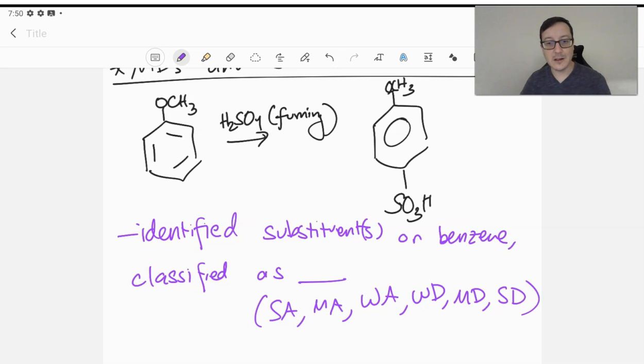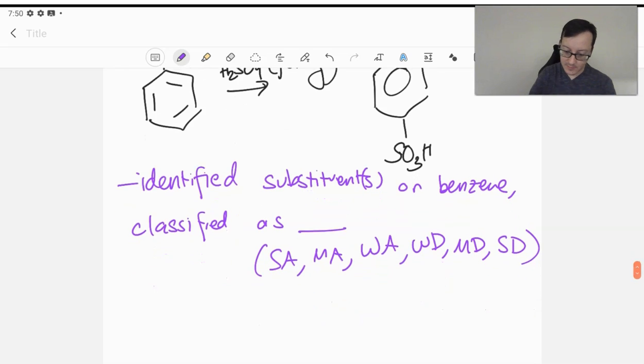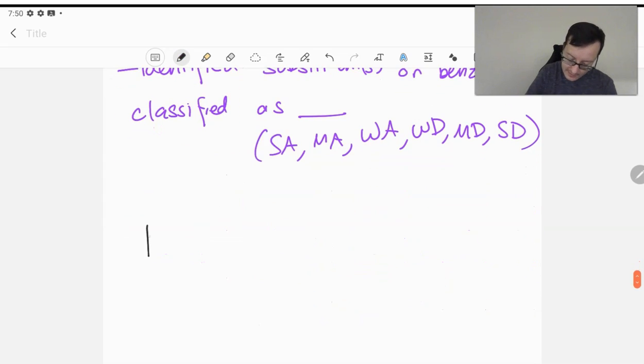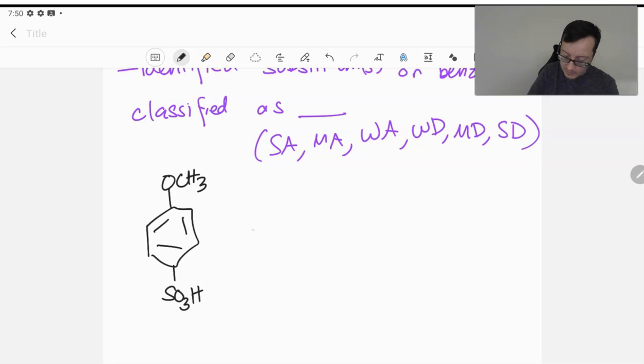But now our anisole has a sulfonic acid on it. What's going to happen now? Let's find out. If we take that anisole, the para-sulfonyl anisole, that is, and we treat it with, say, how about we chlorinate it?